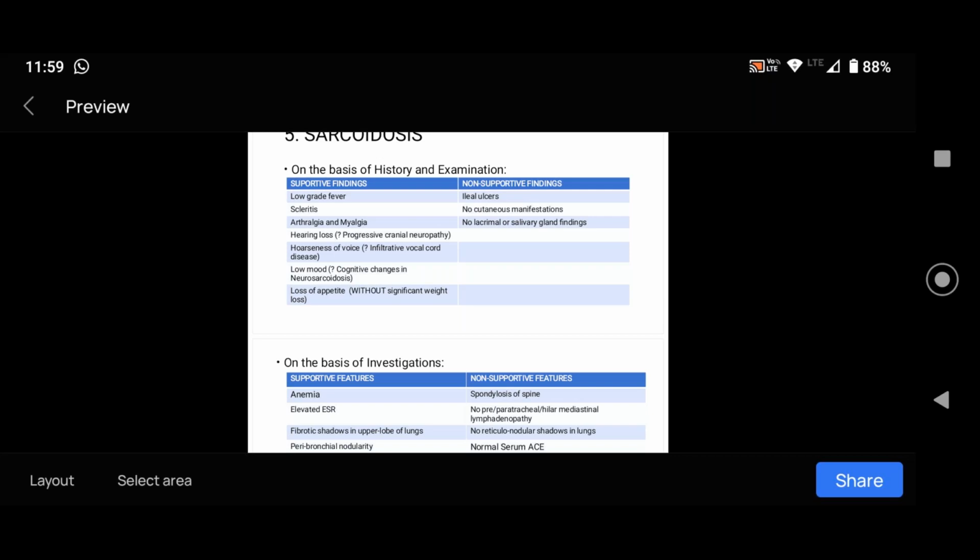You are absolutely right in saying that there was no hilar mediastinal pretracheal lymph node. So which means that for 1 year, the patient has been harboring an extra pulmonary sarcoid.